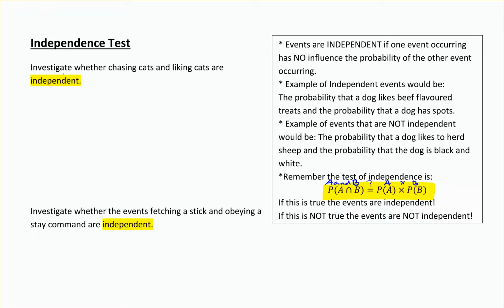We're looking at investigating whether chasing cats and liking cats are independent events. So what I might write here, just so you can see what I'm doing, is: what's the probability that they chase and like cats? We're going to test to see if that's the same as the probability that they chase times the probability that they like cats.